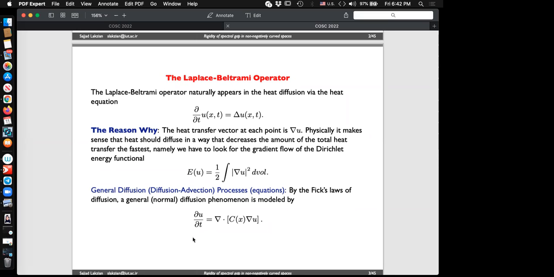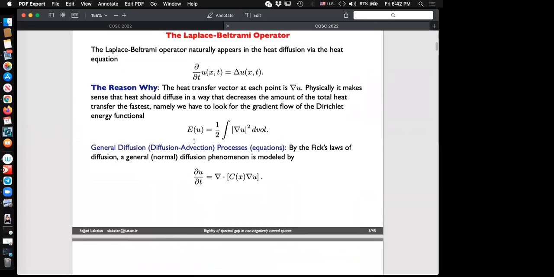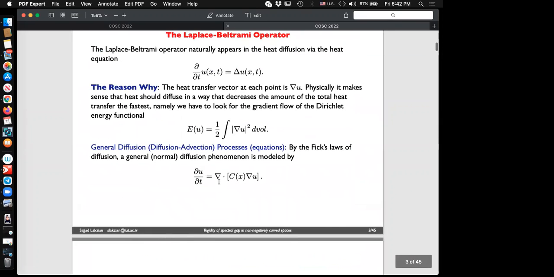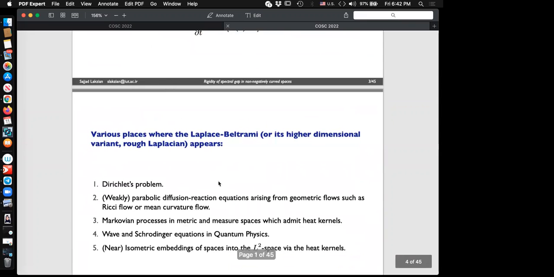Well, there are other versions, like if you add some non-uniformity to the space, then you have to account for non-linearities in your heat equation. But nevertheless, again, you have some elliptic operator resembling the Laplace operator, some multiple of the Laplace operator.